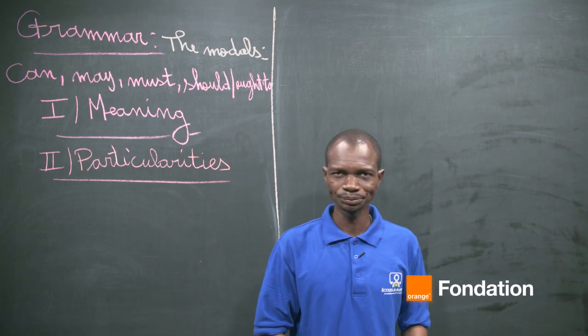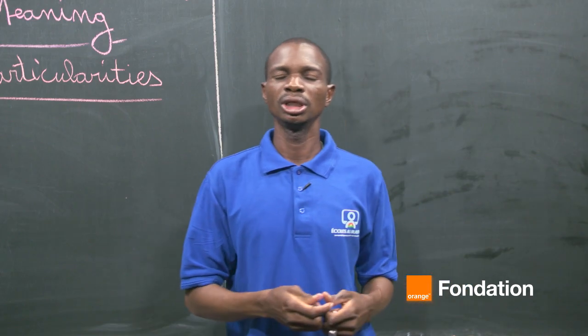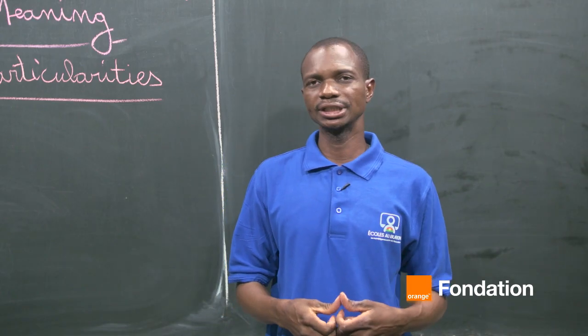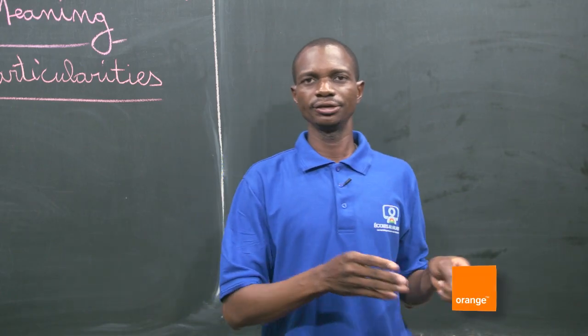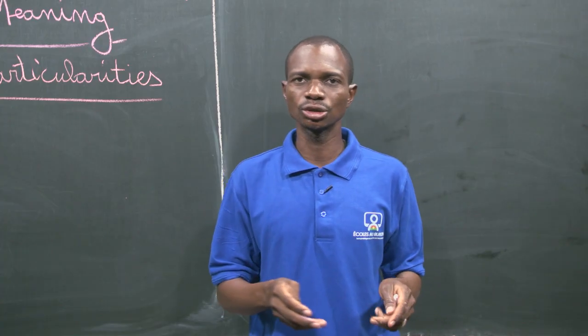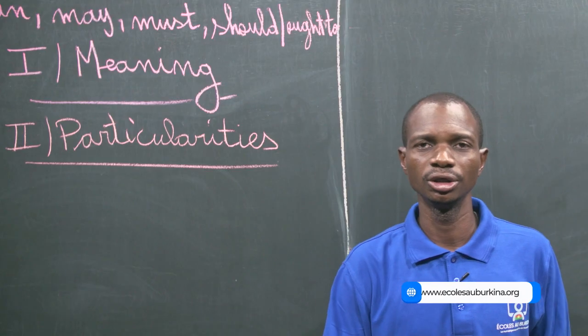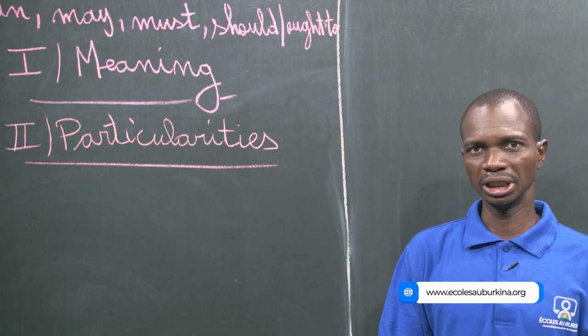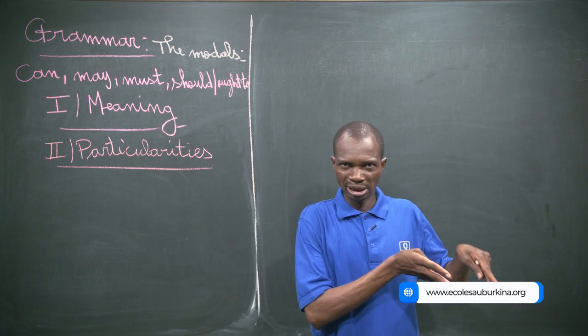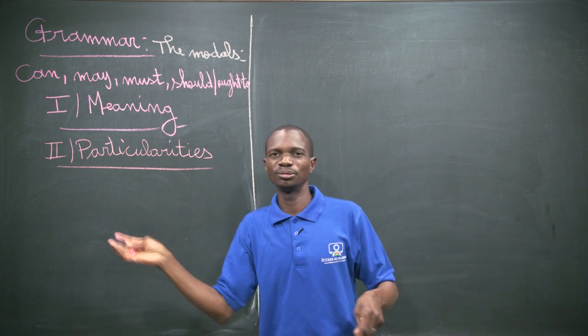It is because the conjugation of the modal auxiliaries, or defective verbs, is different from the conjugation of ordinary verbs. That's why we are going to deal with the particularities, meaning that this conjugation is different from the other verbs.